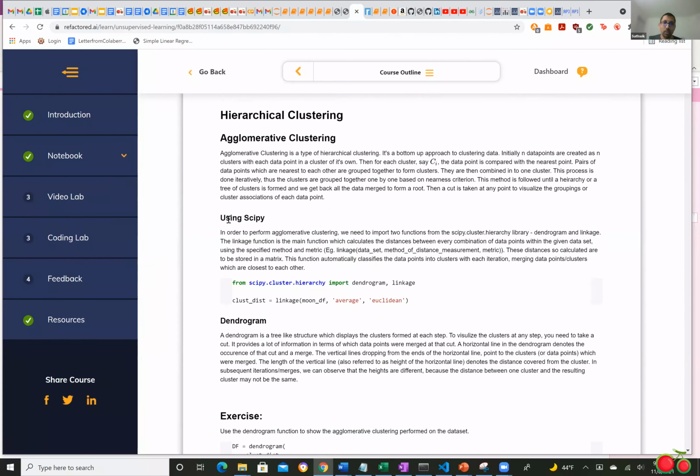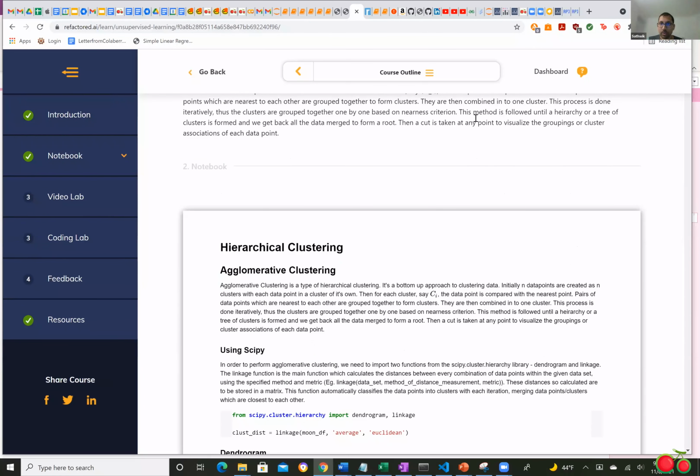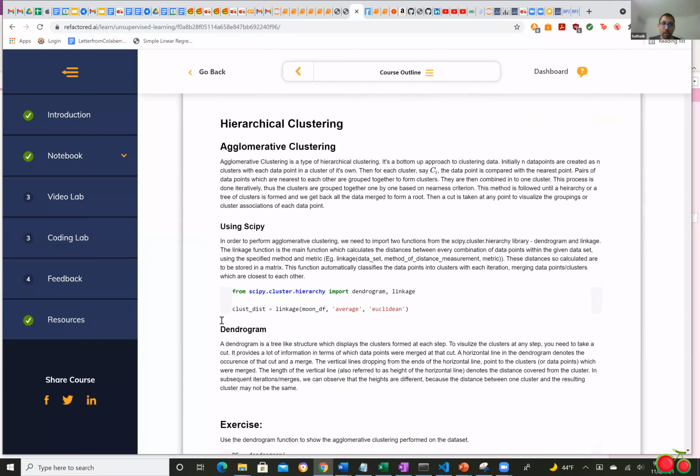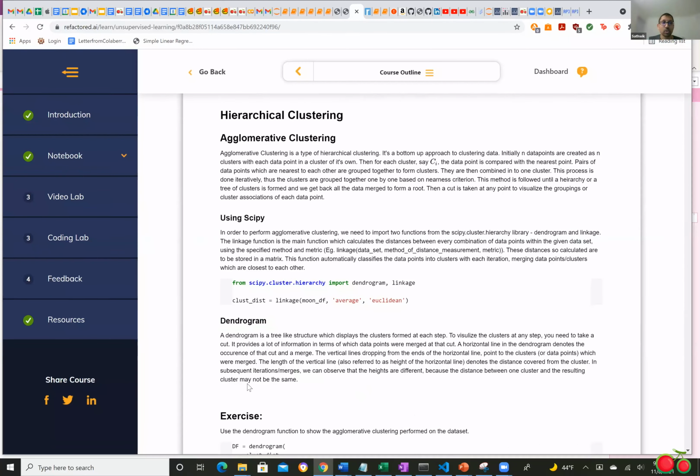So there is something called a dendrogram, right? Here it was explained: this method is followed until a hierarchy or a tree of clusters is formed. This is the most important piece of hierarchical clustering, because if you remember, in k-means and DBSCAN when we studied, we used methods like silhouette score, the elbow method, or AIC and BIC, those kinds of information criteria and metrics to determine the optimal number of clusters in a data set.